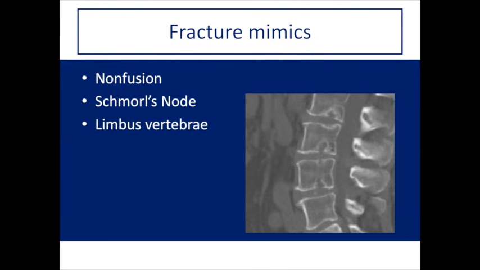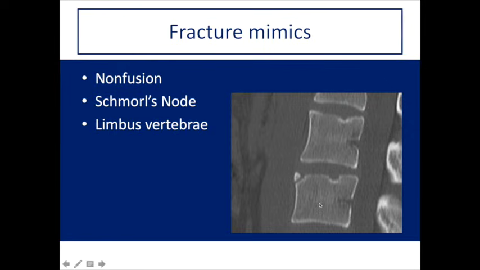Third, we talk about a limbus vertebra. A limbus vertebra is related to Schmorl's nodes. This here is a limbus vertebra. Again, there is herniation of disc material through the vertebral body end plate, but this time it extends through usually the corner of the vertebral body. Most often it's the anterior superior corner, but can also be the anterior inferior corner.